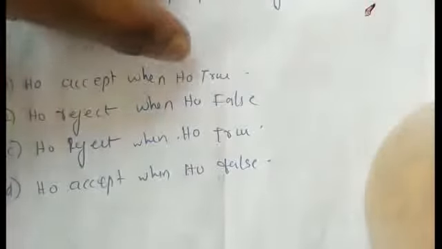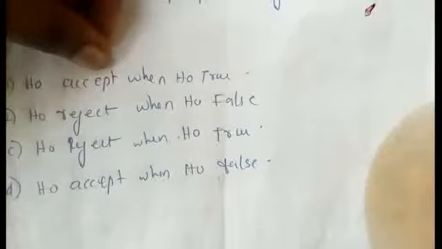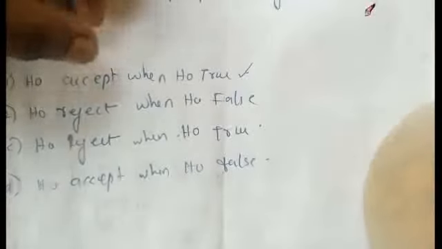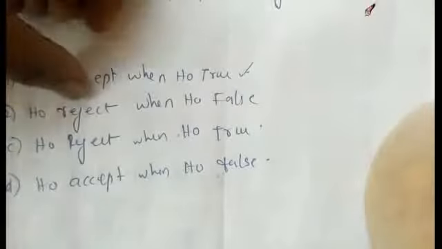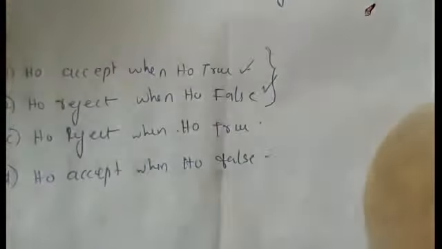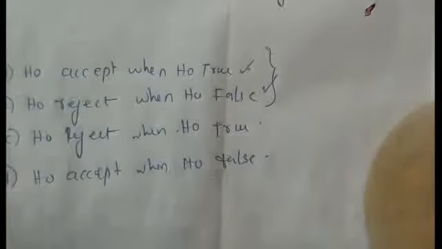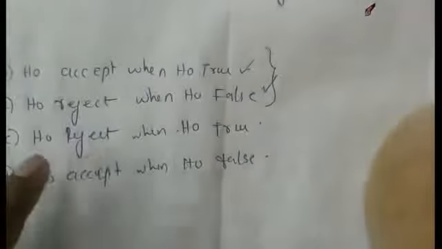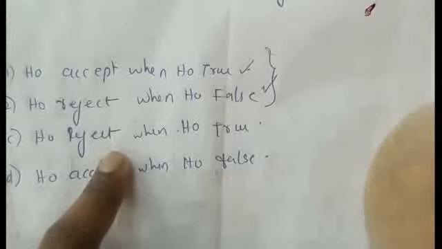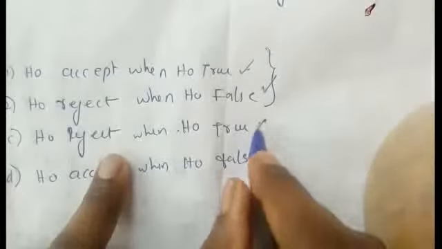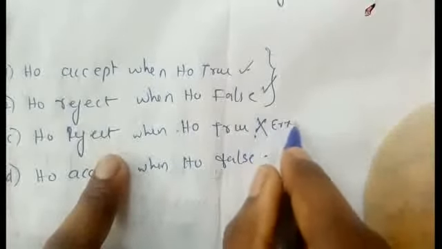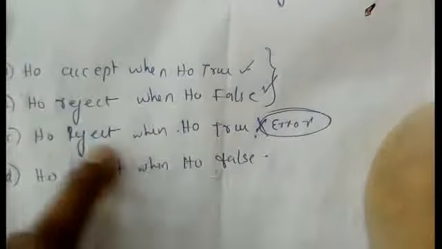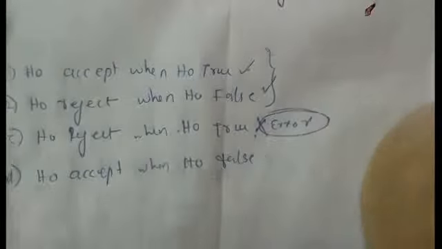When H0 is true, accepting H0 is correct. When H0 is false, rejecting H0 is also correct. So these two have no errors. But when H0 is true and we reject H0, that is a false statement, so there is an error.